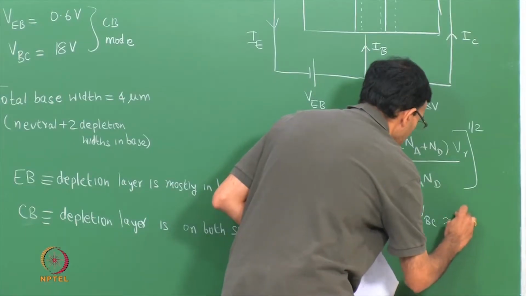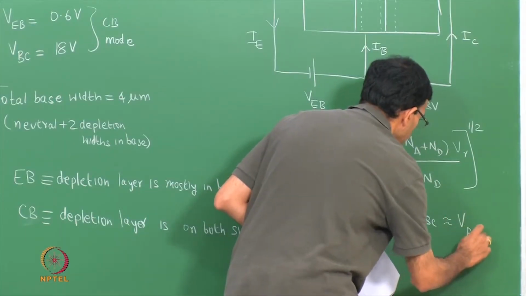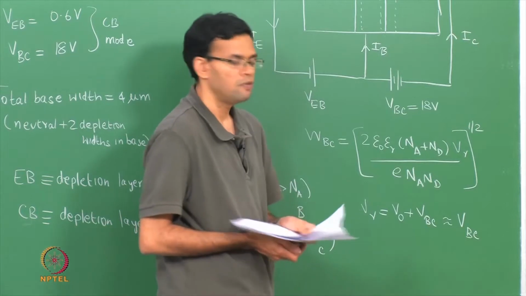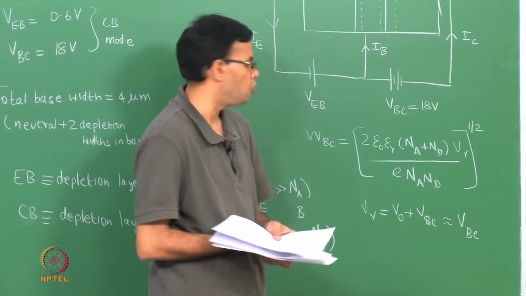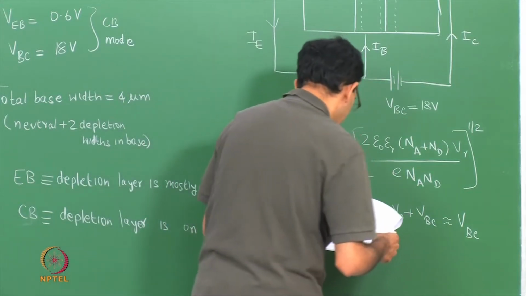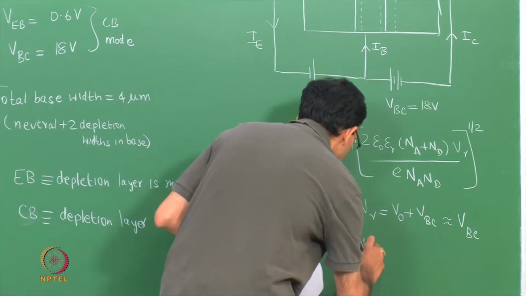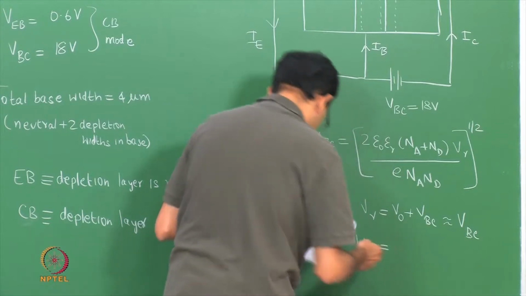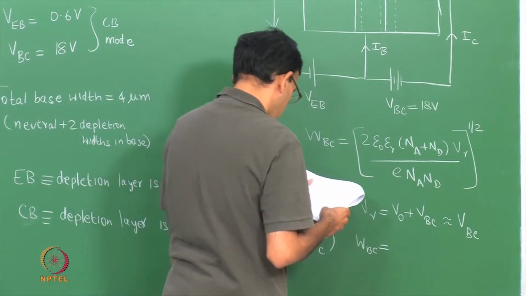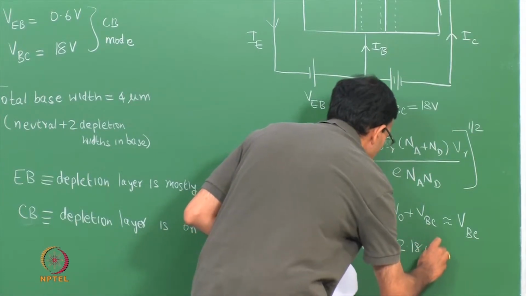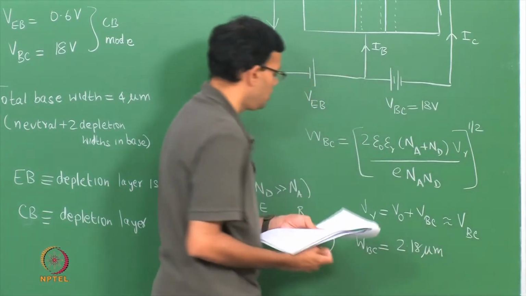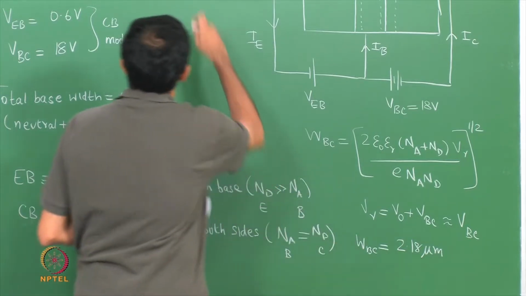So, I can approximate Vr as VBC. We can plug this in the formula. All the numbers are essentially known, from which we can calculate WBC to be equal to 2.18 micrometers.